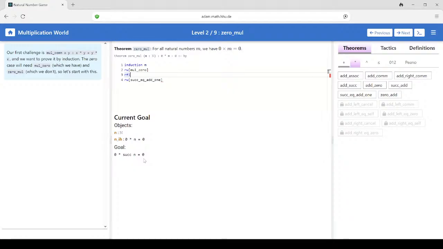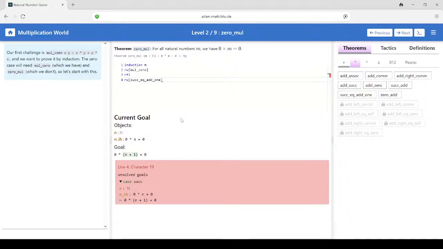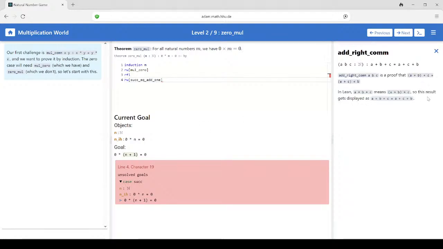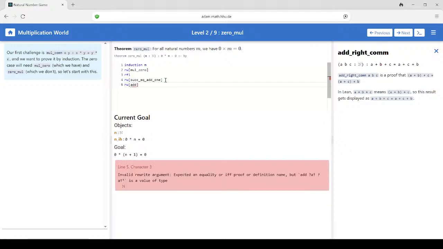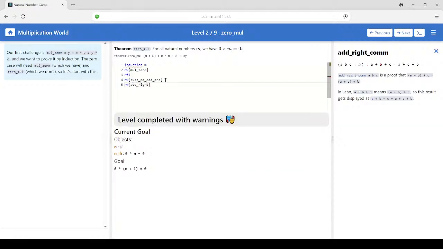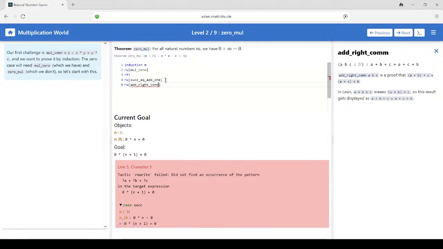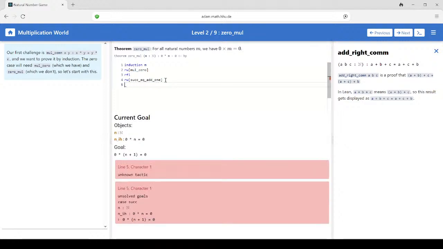The successor of n can be made into n plus 1. Would this do anything? No, that's not it.